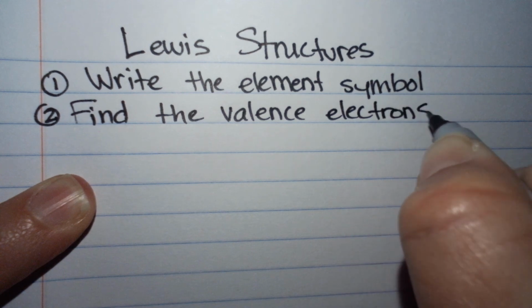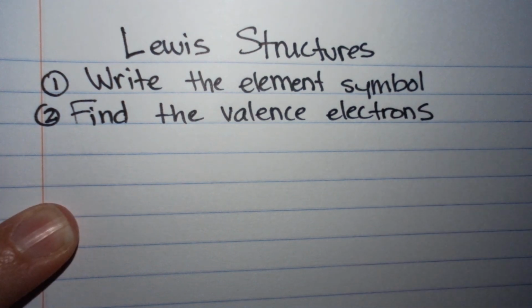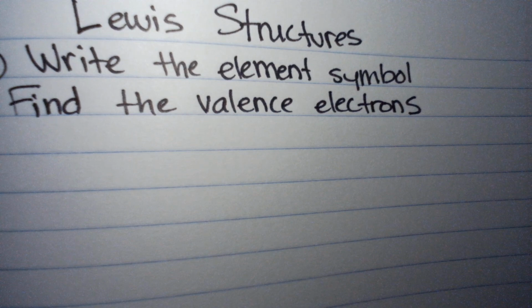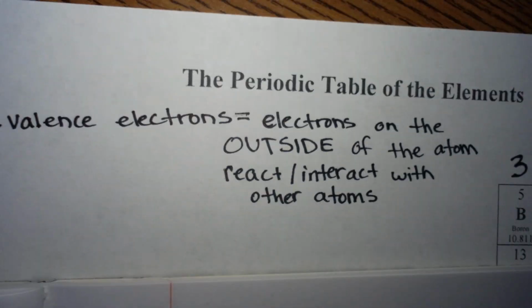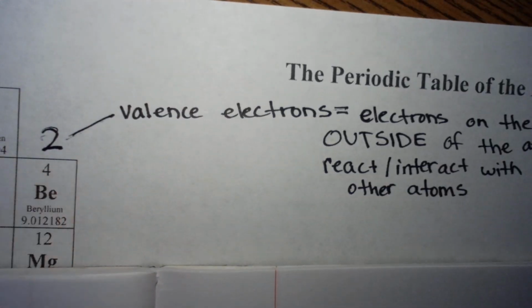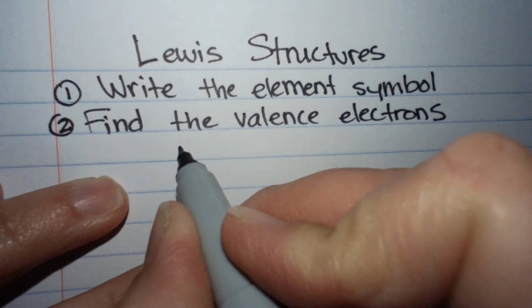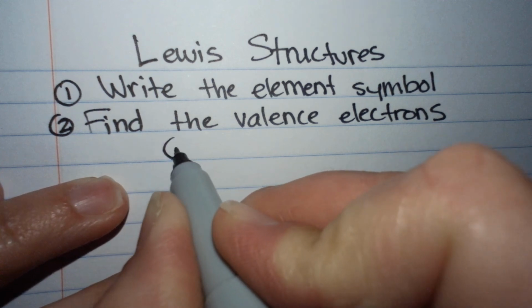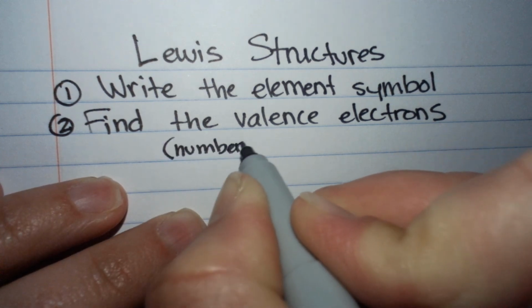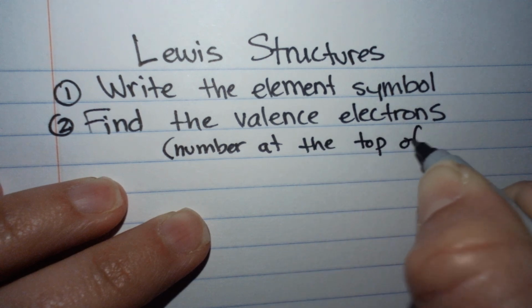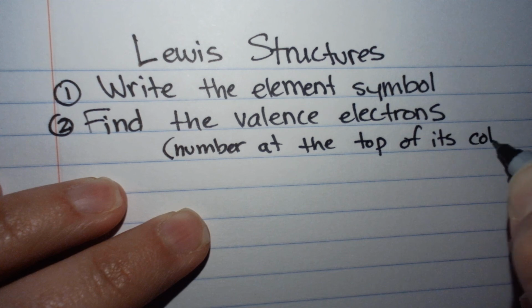So where are you going to find the valence electrons? Remember what we said just a second ago? Valence electrons are these numbers at the top of the column. So we are going to look at the top of the column. So we'll go ahead and write that since we didn't have any verbal answers. Okay.